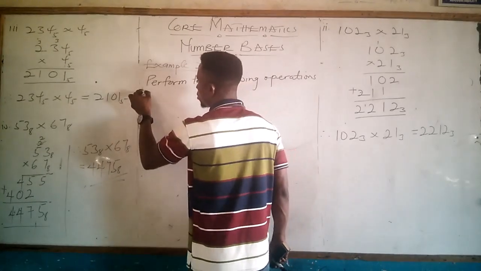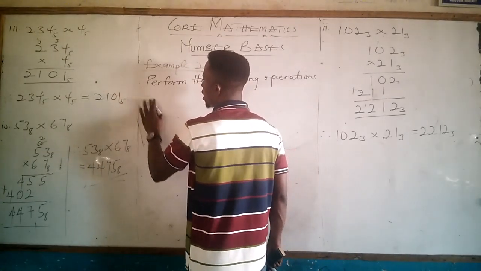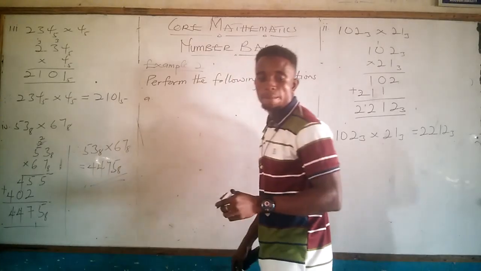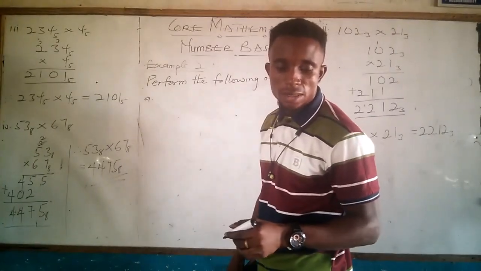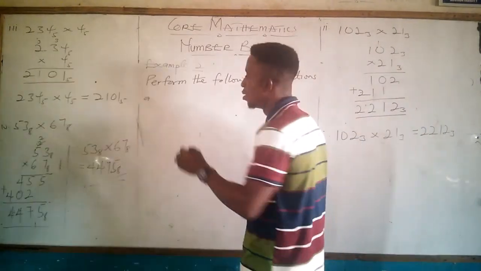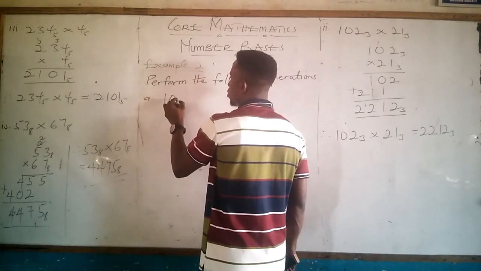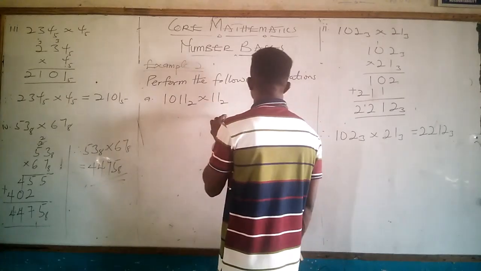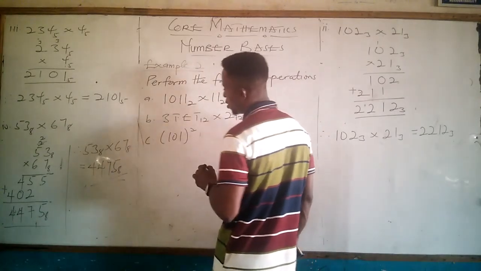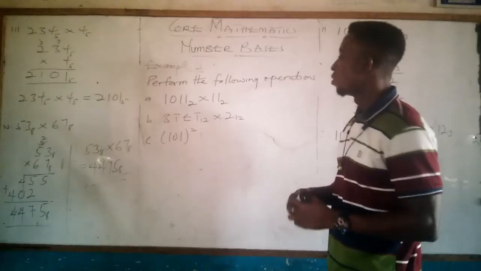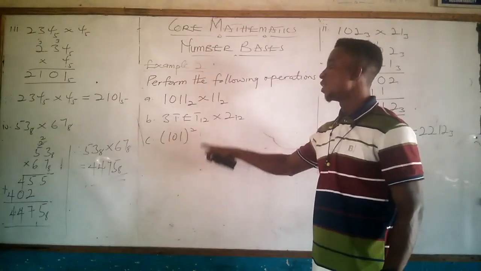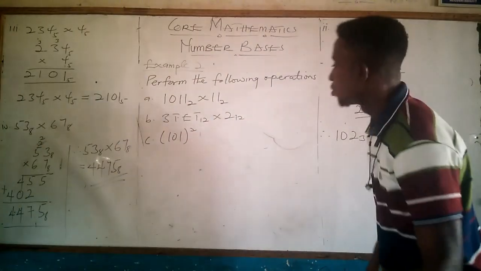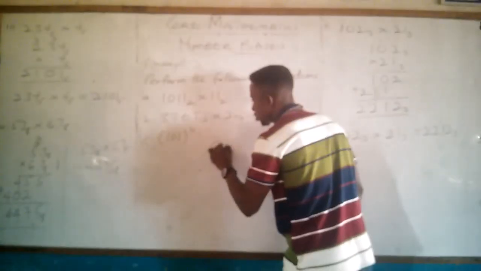So, should I make it I? Let me make it A. I have the first one to be 1011 base 2 times 11 base 2, all squared. So I'm going to solve the B and the C with you. So I put solution.